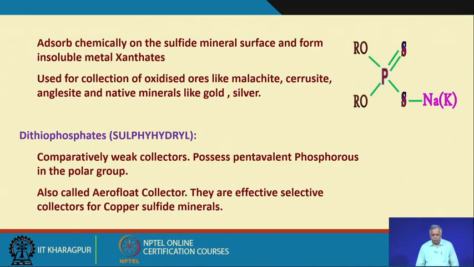Now, how does it work? It adsorbs chemically on the sulfide mineral surface and forms insoluble metal xanthates. They are used for collection of oxidized ores like malachite, cerussite, anglesite and native minerals like gold and silver, where they find applications.